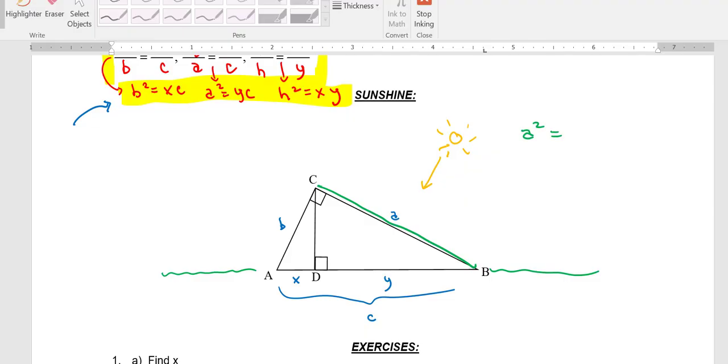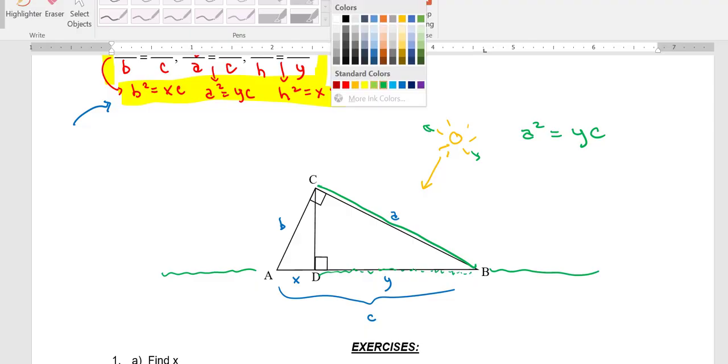I'm going to ask myself, where are the possible shadows for side A along the ground? Well, my shadow could be Y, depending on exactly where the sun is, if it's a little bit this way or a little bit this way. Or it could be the entire length, which is C.